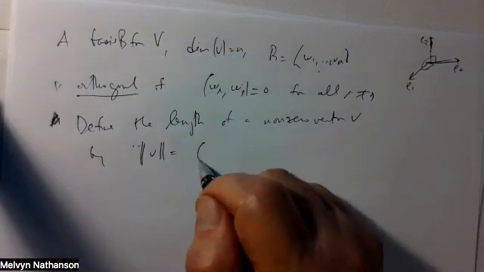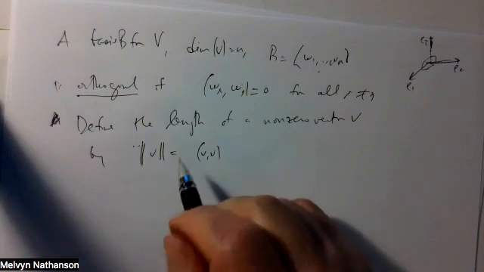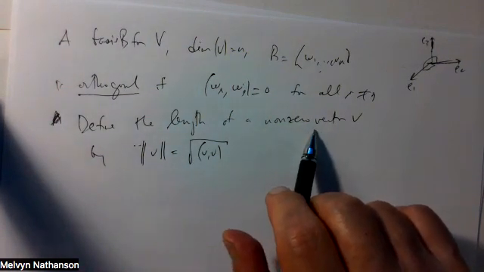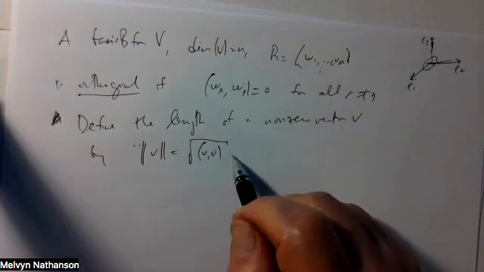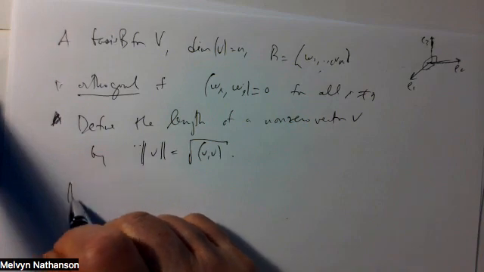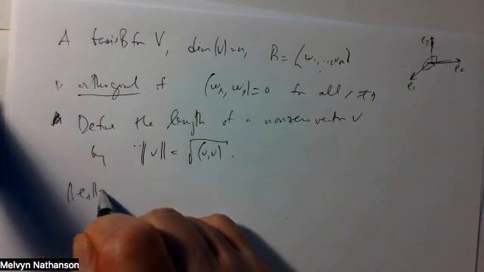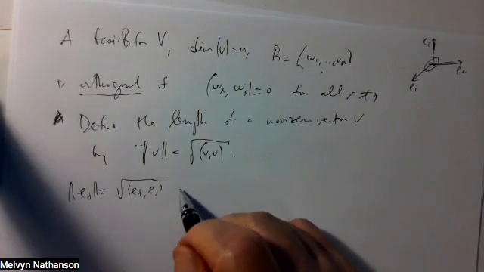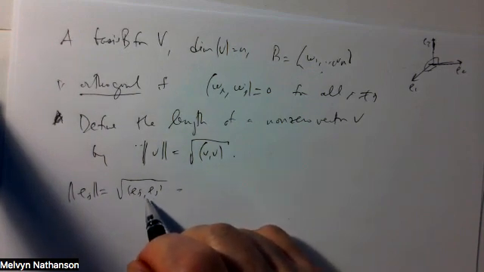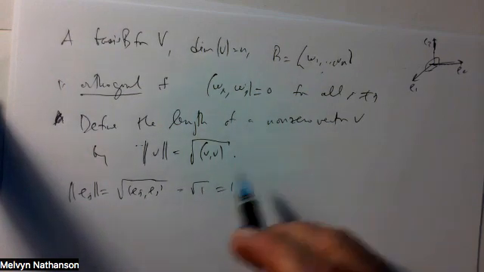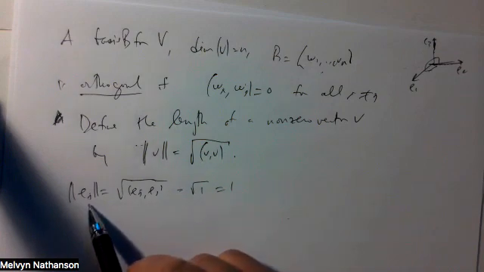So v is non-zero, so the inner product is positive, so we can take its square root. So for example, the length of the vector e_j is the square root of the inner product of e_j with itself. This inner product of a standard basis vector with itself is 1, and the square root of 1 is 1. So e_j has length 1 for all j.